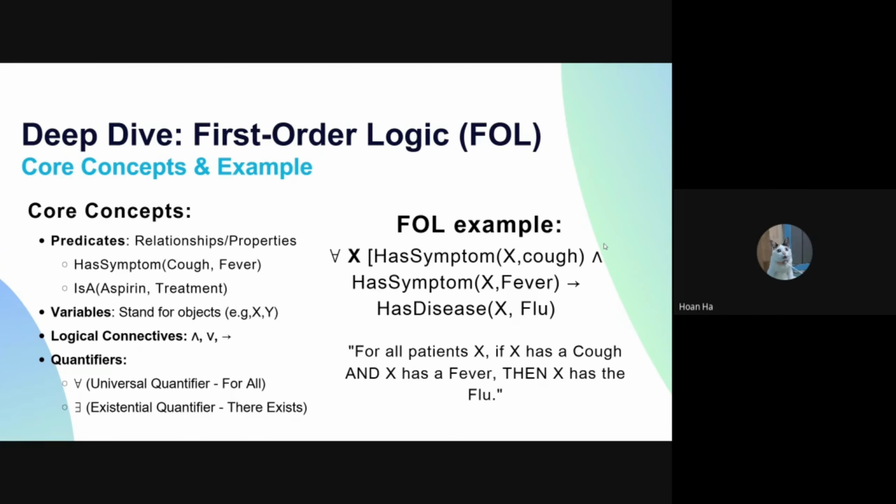So let's deep dive into first-order logic. The power of our system comes from the formal language we use. First-order logic, FOL, is essential because it allows for powerful knowledge representation.